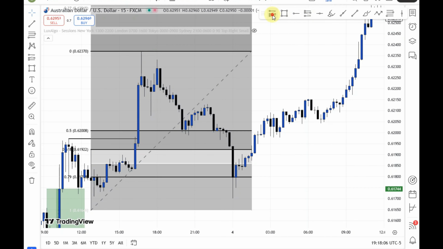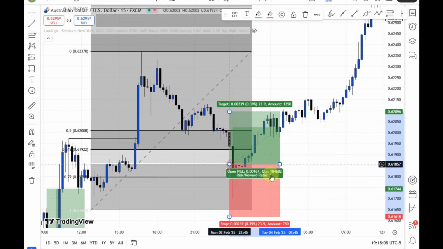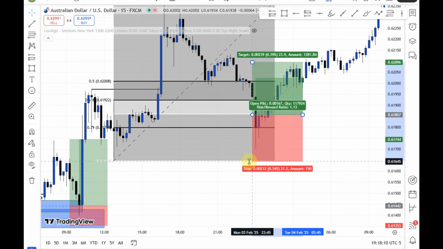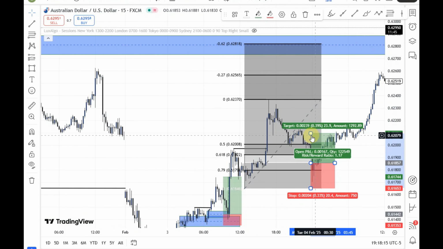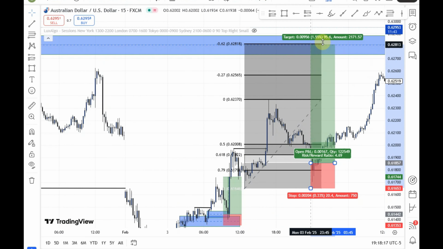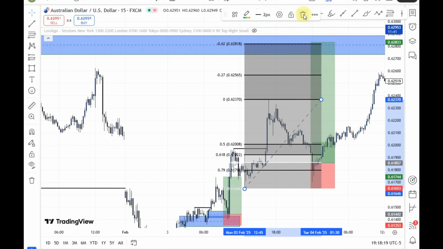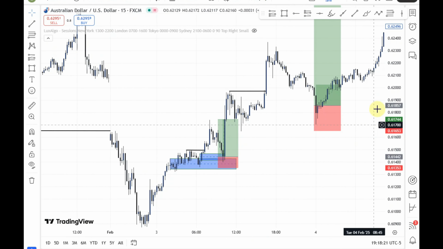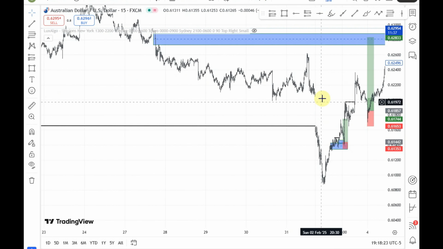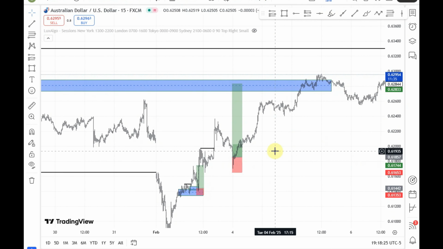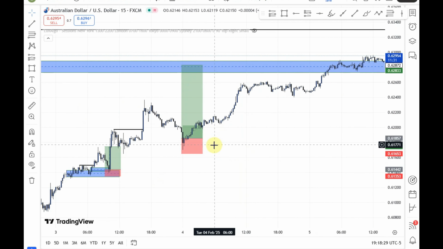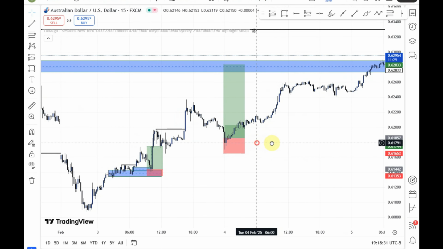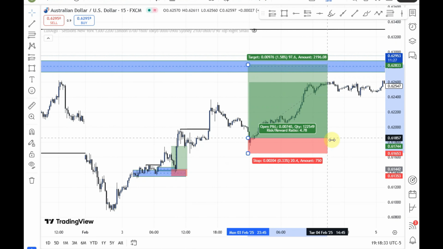So I buy from here, put my stop loss on this low, then I can hold this up to our TP level, and you can see it was a very nice trade, very beautiful, offering us many entries. You can literally use any model that you use in ICT in order to trade this.